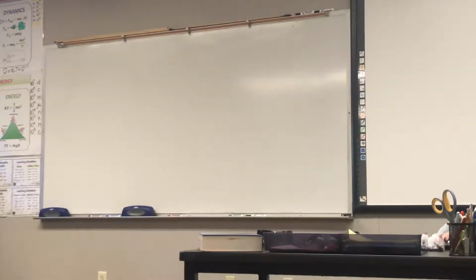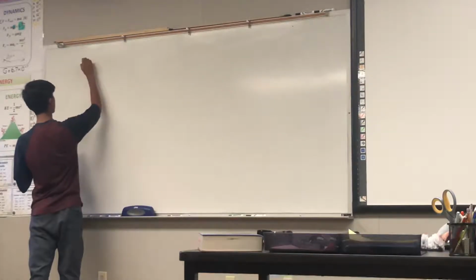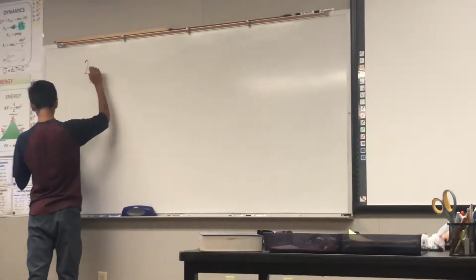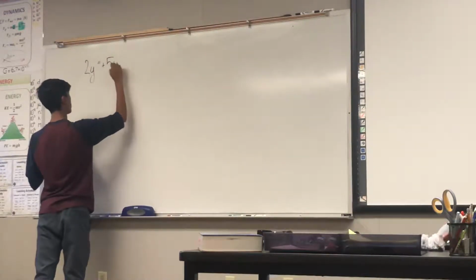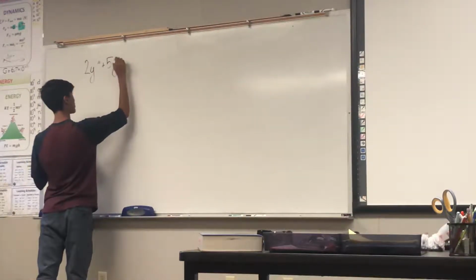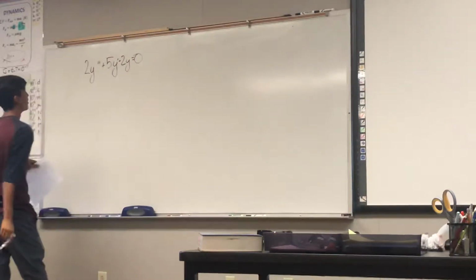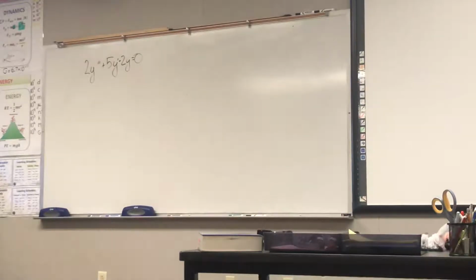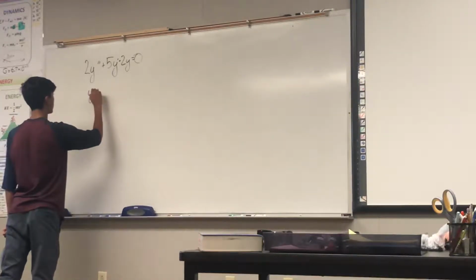Okay, let's try another example. 2y double prime plus 5y prime plus 2y equals 0. So you could just substitute y equals e to the rx.